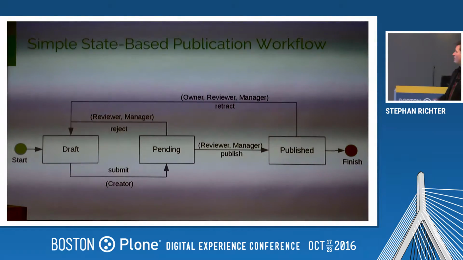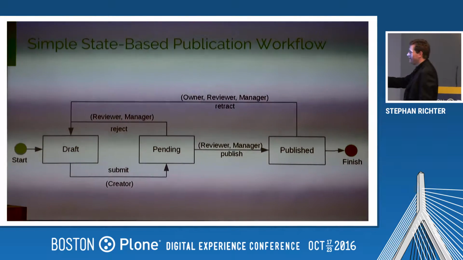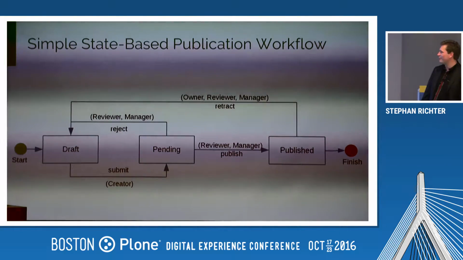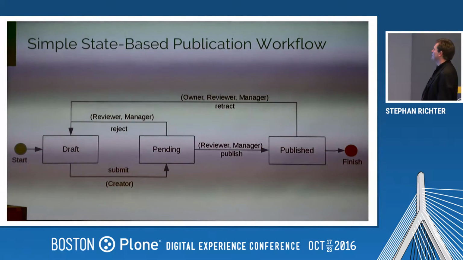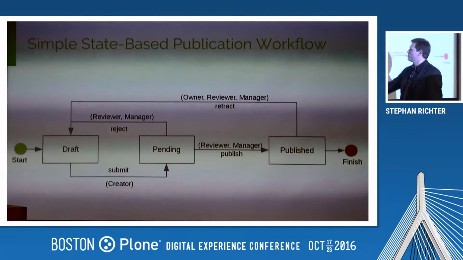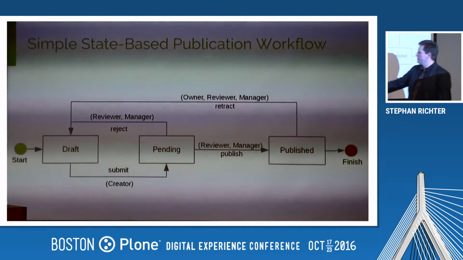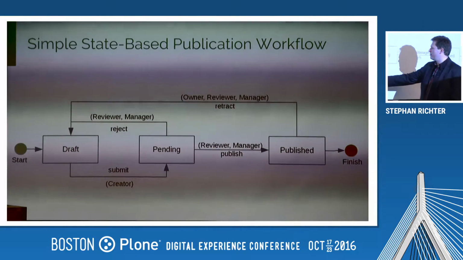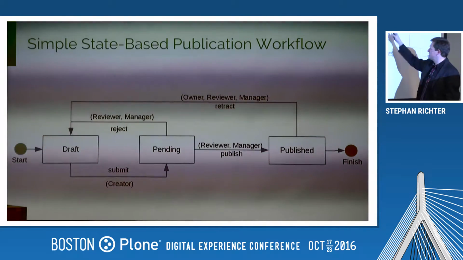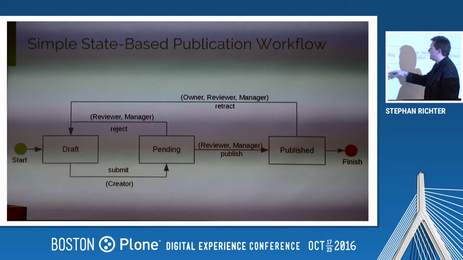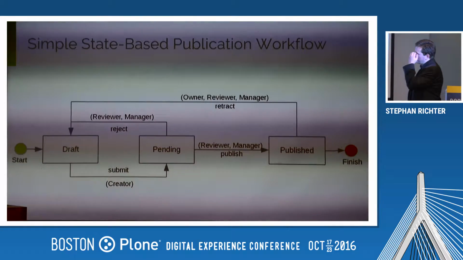So I went to the Plone documentation and I found this example that I had seen already 15-plus years ago as the example for how to publish things on Plone, and it's still in the documentation, so I just redrew it and put it up here. So here's how it works, right? A state-based workflow. You have 3 states, draft, pending, and published, and you define the transitions which are represented by the arrows, and I put the actors, or participants, the roles that can execute that action here as well to simulate the security.